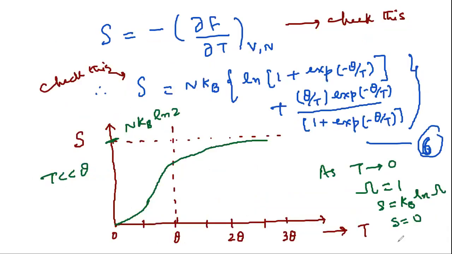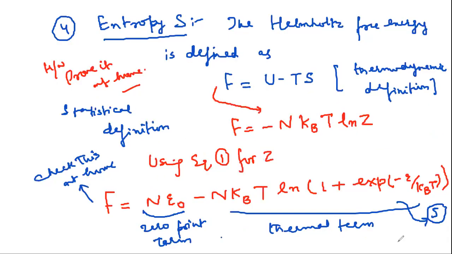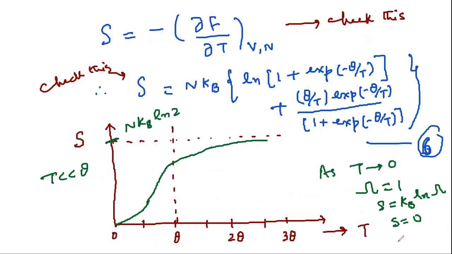Then you have to check that S is equal to minus dou F by dou T at constant V and N. And you have to see that by differentiating the free energy in equation 5 with respect to T, treating V and N constant, and taking the negative of the derivative, you should get equation 6 as the expression for entropy of the system.